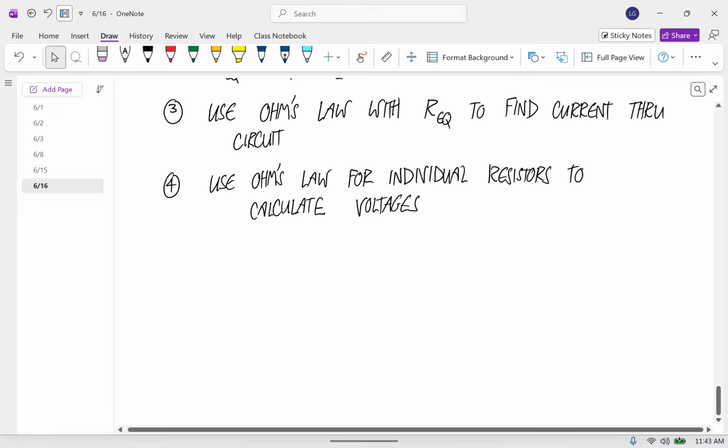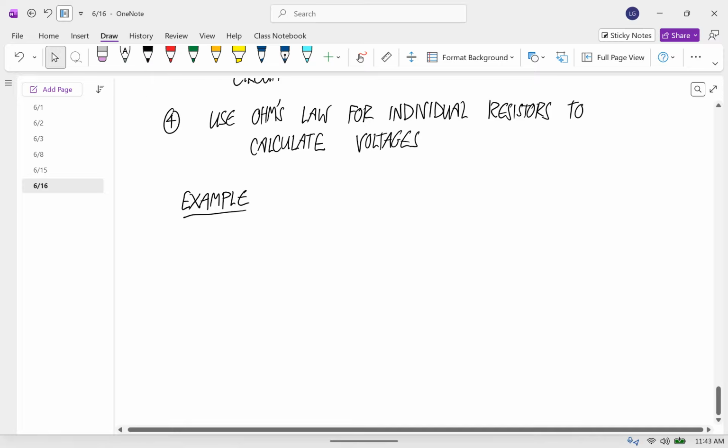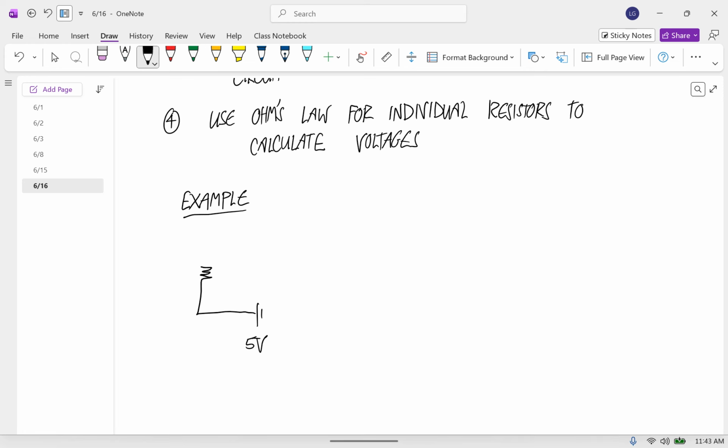Okay, so let me do an example. Let's say that we have this circuit where we have a 5-volt battery and we have 2 resistors. Let's say this one is 500 ohms and this one is 200 ohms.